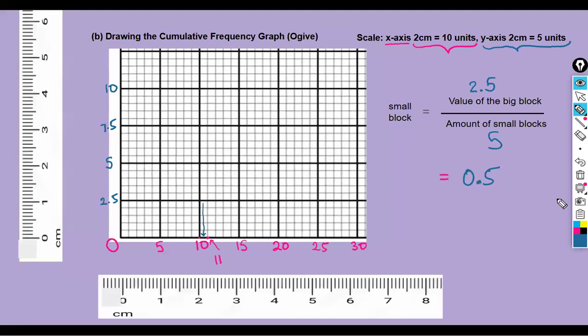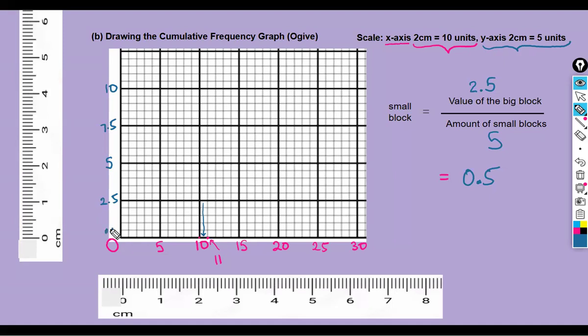Now, this is going to confuse some people because all the values on the y-axis are whole numbers, right? If you look at your cumulative frequency values, that's the third column. Every value there is a whole number. And remember, every small block is 0.5.